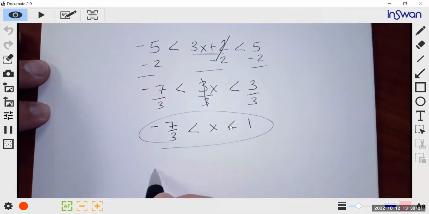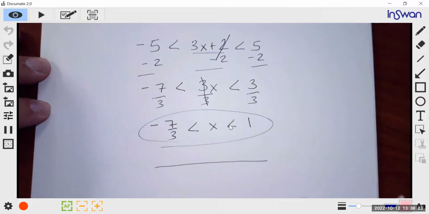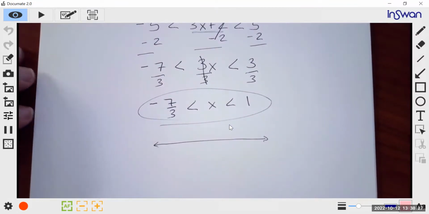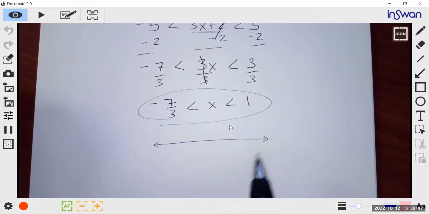How would you graph it? Remember, when you graph it, you look at your endpoints.